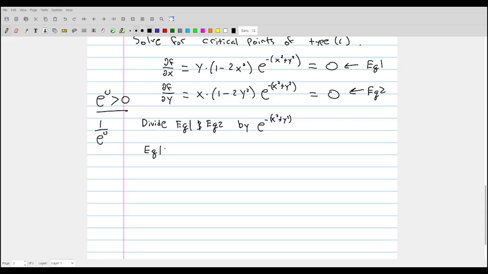Call it equation 1 star and equation 2 star. Equation 1 star is going to be y times 1 minus 2x squared is equal to 0, and equation 2 star is x times 1 minus 2y squared is equal to 0.